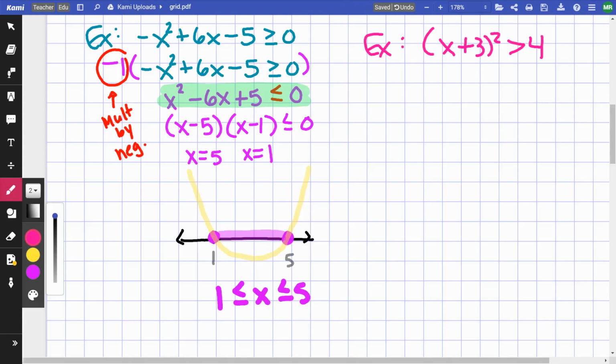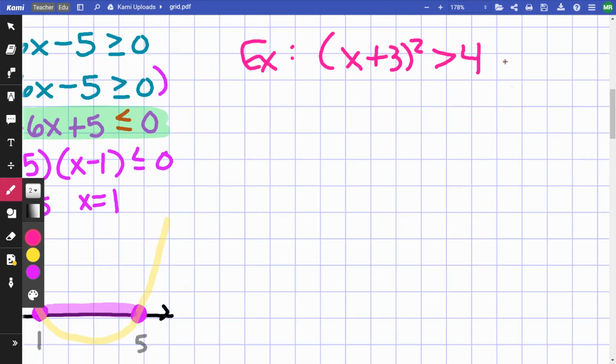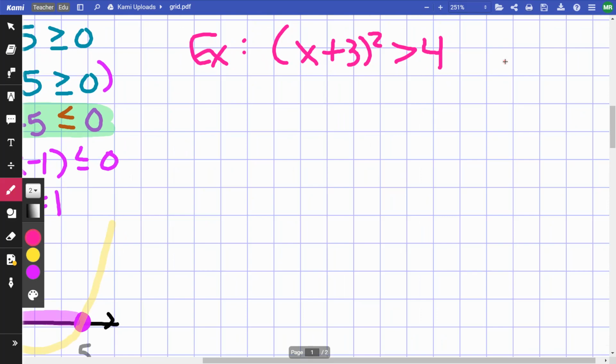Now, in this form, I don't want this to be a 0. In this form, when we solve these, we don't make these zeros on the other side. This is kind of in the completed square form. So I'm going to solve this as is. And I want to know what makes it 4, is kind of what I'm doing. So where would it be 4?